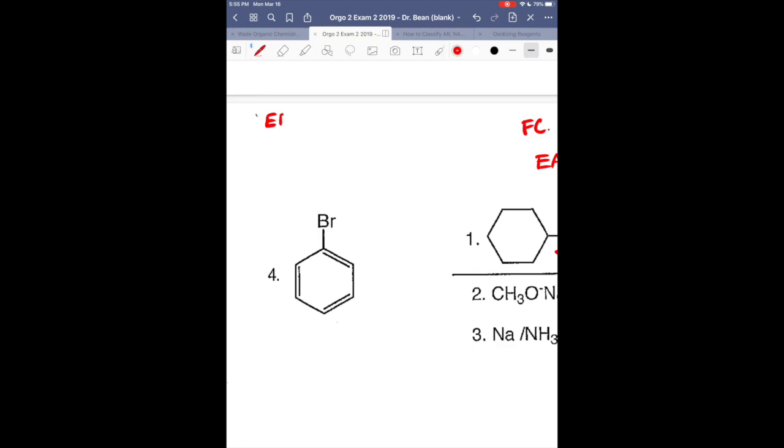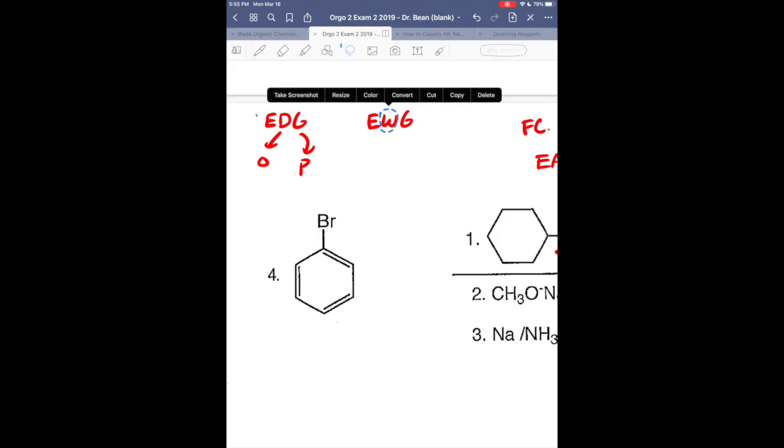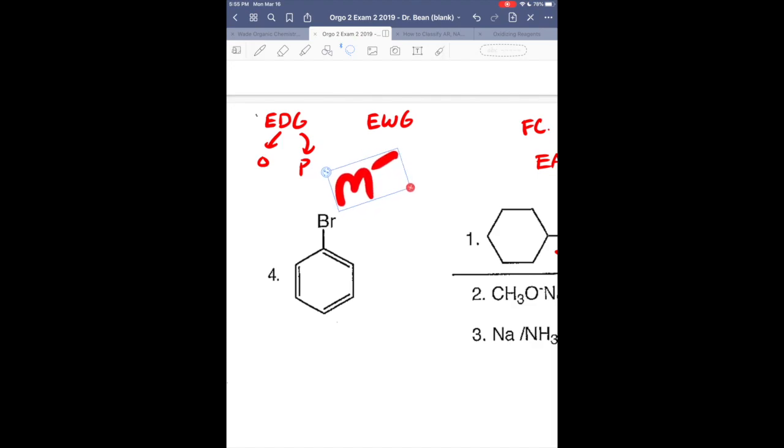So a little trick for remembering that is this is your electron donating group. So it's duo, dos, two. It's going to direct ortho, para, together, both ways. And if you have an electron withdrawing group, for example, if you take the W, just a little trick to help you to remember, because there's a lot of stuff to remember.